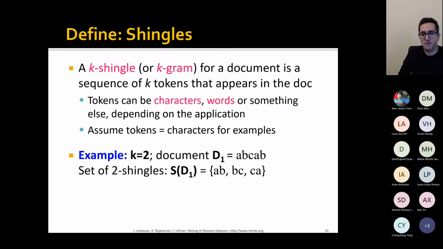Shingles is the same as k-gram, right? We talked about n-gram before when we talked about analyzing text, right? So it's basically a group of letters or words, and then it has a parameter like k or n that tells you how many words or letters you want to keep track of. So the tokens can be here words or characters, okay?